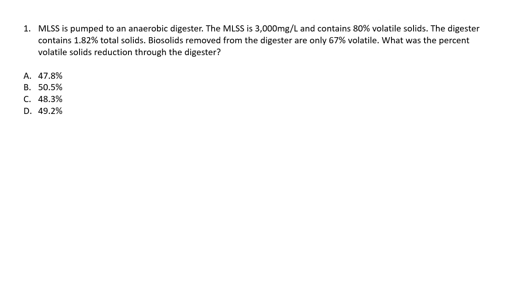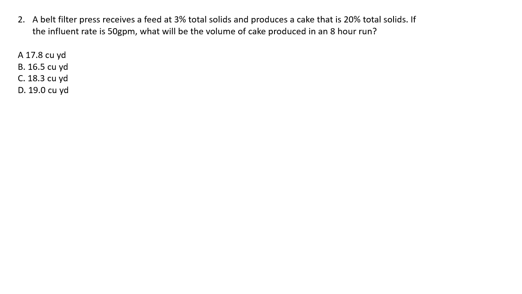What was the percent volatile solids reduction through the digester? A. 47.8%, B. 50.5%, C. 48.3%, or D. 49.2%.